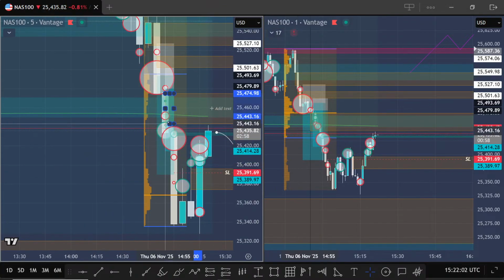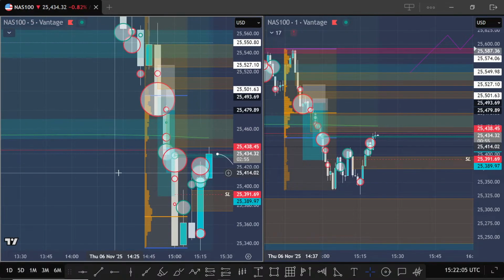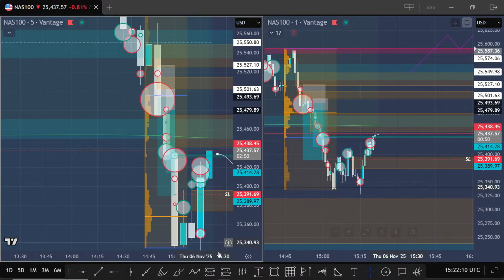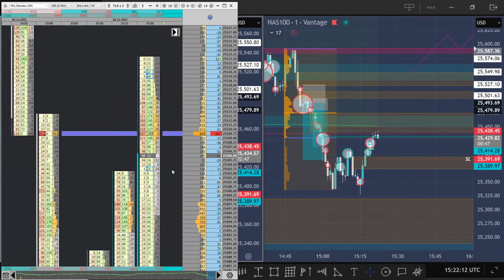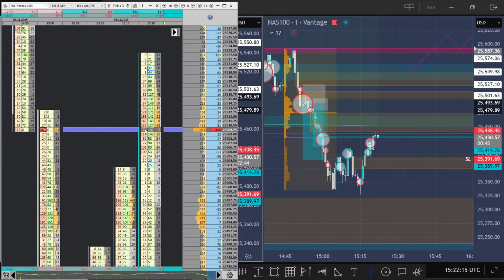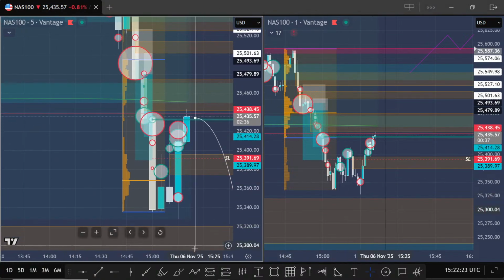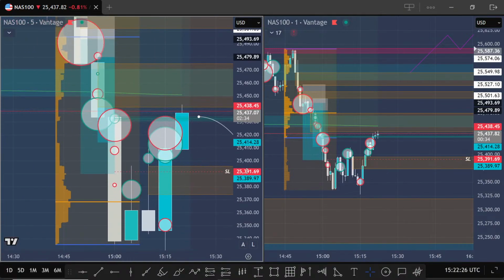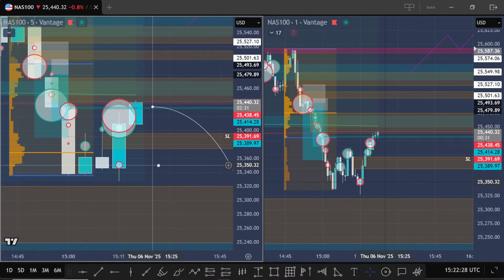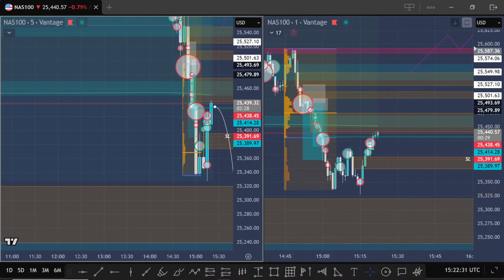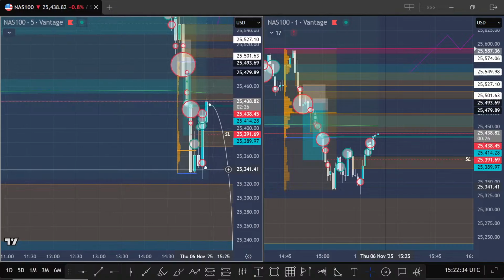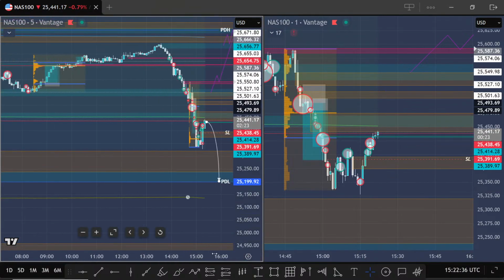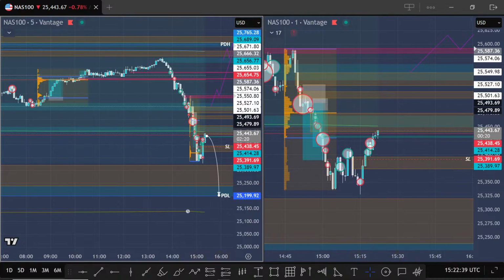Still in this big low volume node. As I say, I'm still looking for the short, for a continuation after the move, and the way it's gone so far.